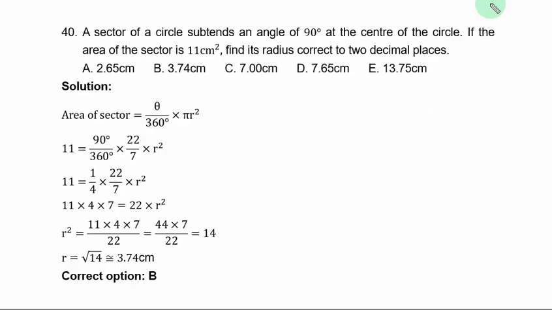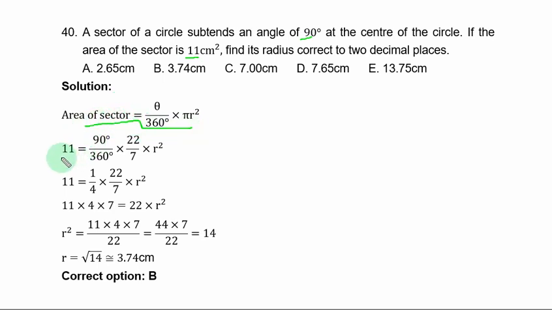Question 40. A sector of a circle subtends an angle of 90 degrees at the center of the circle. If the area of the sector is 11 square centimeters, find its radius correct to 2 decimal places. Area of a sector is given by this formula.